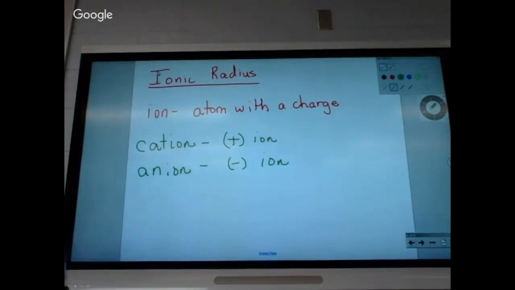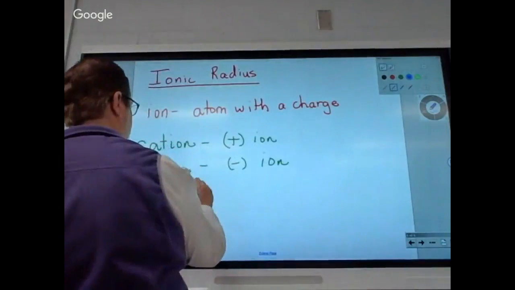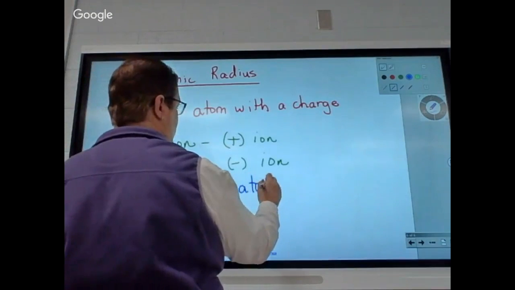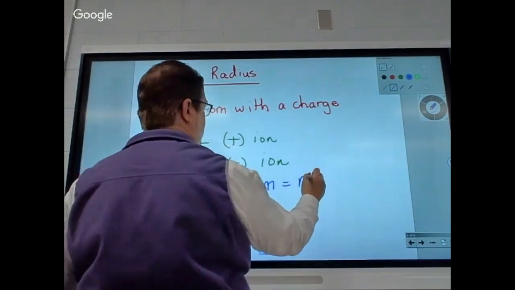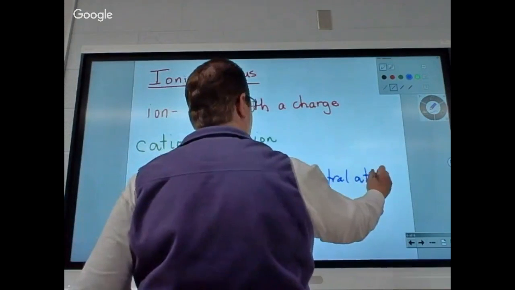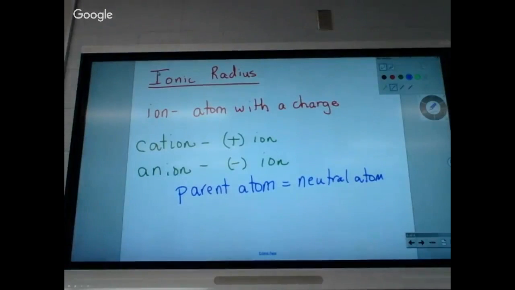Now, when I use the word parent atom, the parent atom is the neutral atom. That's not a word that I made up. Textbooks and test items like to refer to things as parent atoms. But the parent atom is the neutral atom.